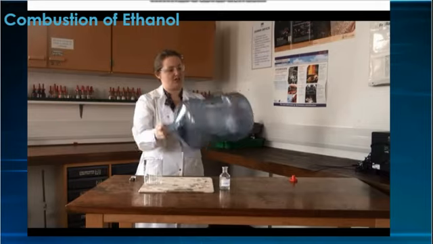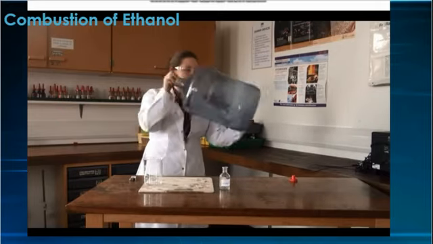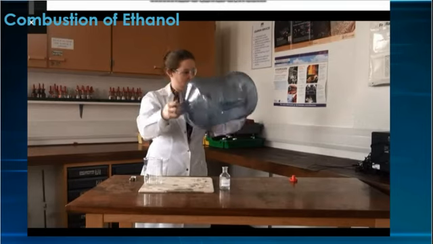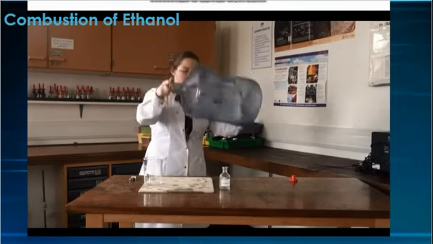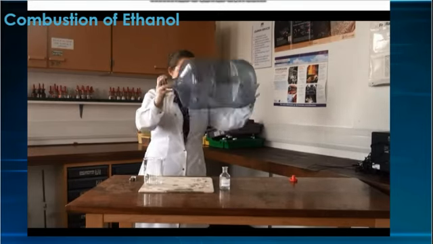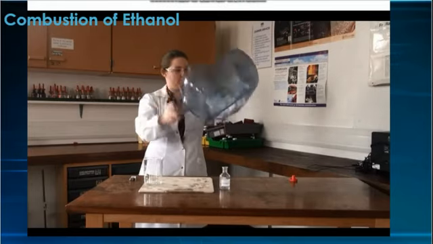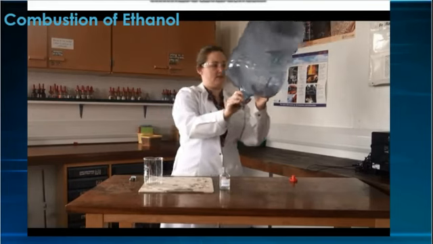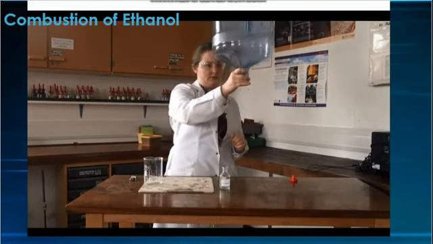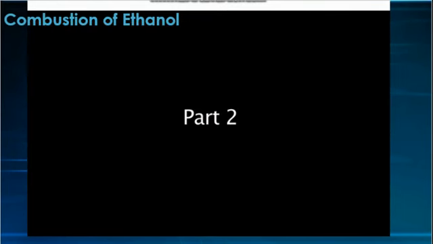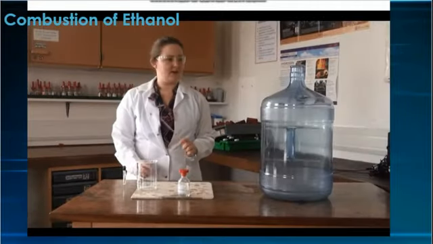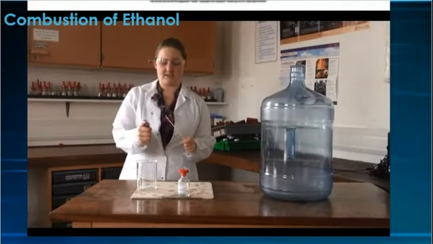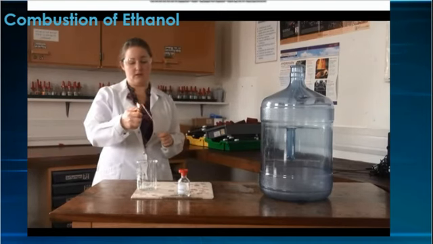With a really good shake. Alright, and there should be now very, very little left in. So, now, at arm's length, using a taper, I'm going to light the taper and light the vapour inside the bottle.